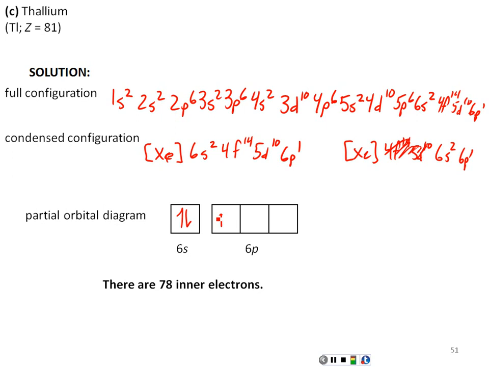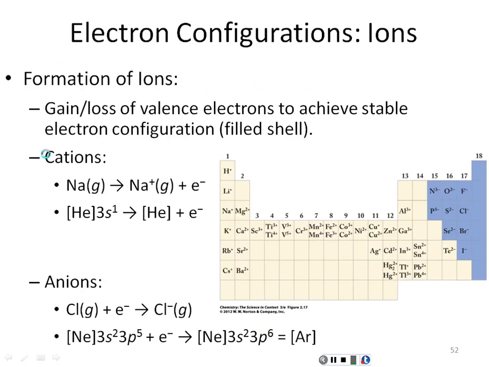If I asked you to write a condensed configuration, I would expect that you would include those, because they're not part of the previous noble gas configuration. So if you're writing a condensed configuration, I'd like you to keep the f and d electrons in it. But when you're considering valence electrons, outer electrons, you wouldn't need to. And chances are I wouldn't ask you for something that difficult on an exam.